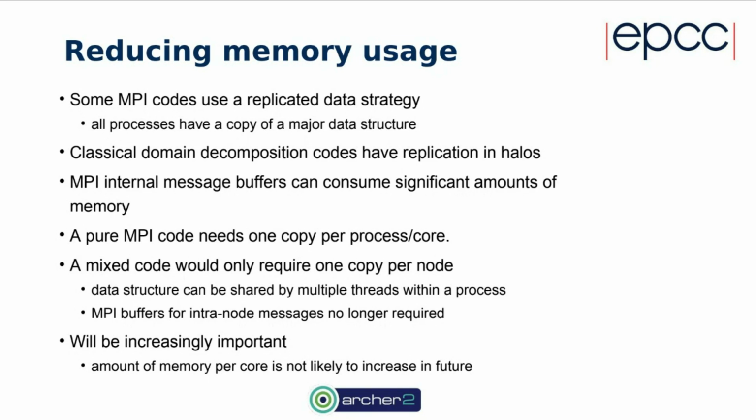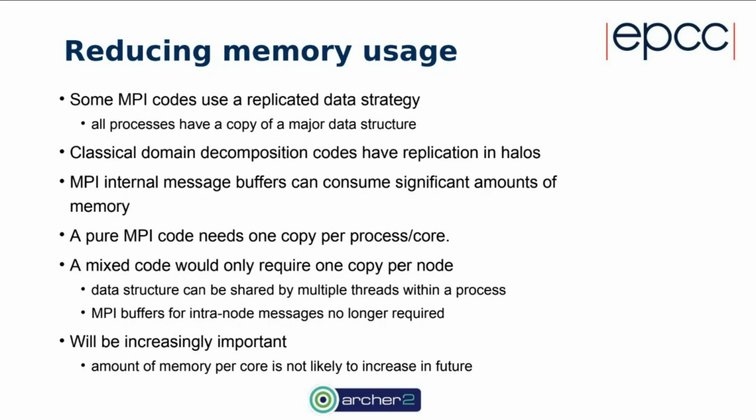So this is possibly going to become increasingly important. Recent trends suggest that in large HPC systems, the amount of memory per core is not really changing very much. Although we're getting larger core counts and larger amounts of memory attached, the total amount of memory per core is staying roughly the same.